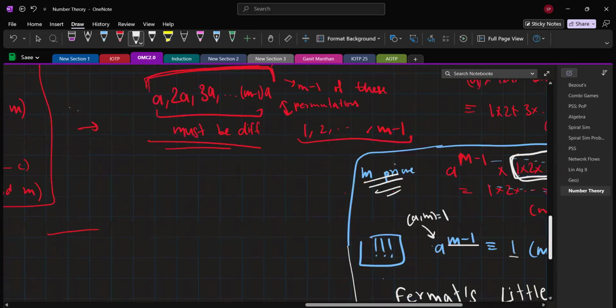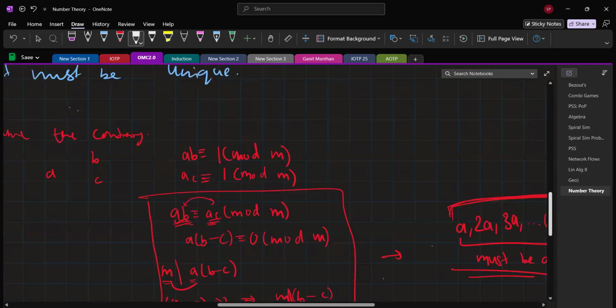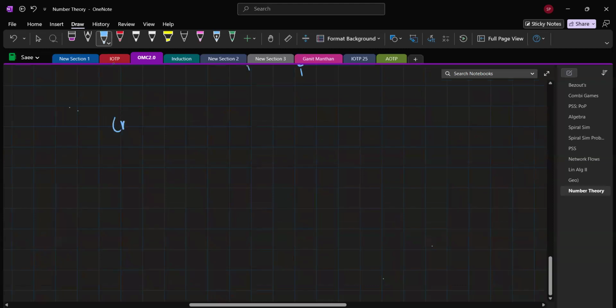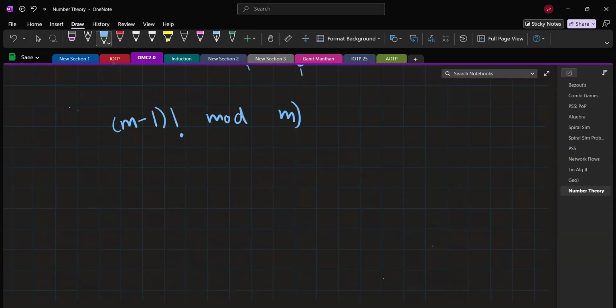So let's try to look at this interesting quantity. Let's look at what m minus 1 factorial is mod m. If you don't know this notation, this just means 1 times 2 times 3 all the way up to m minus 1.